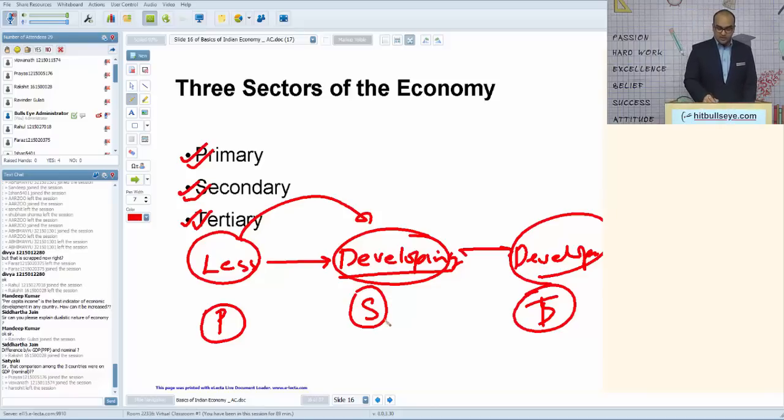So industry tends to become dominant. Now, as far as industry is concerned, these economies reach a point at which they reach saturation.